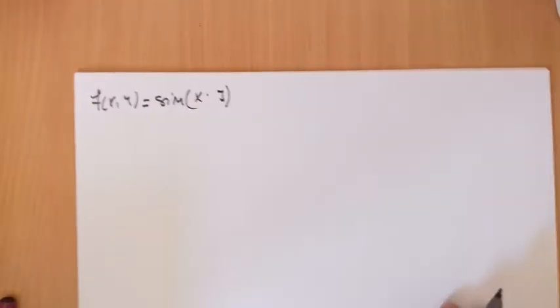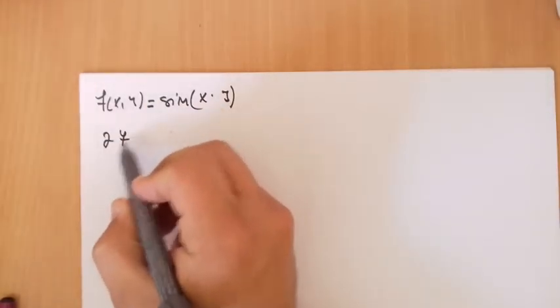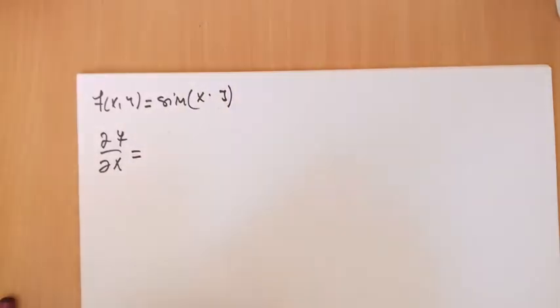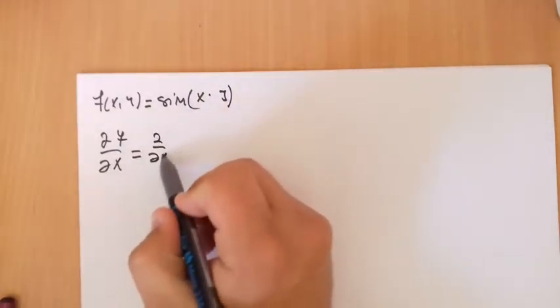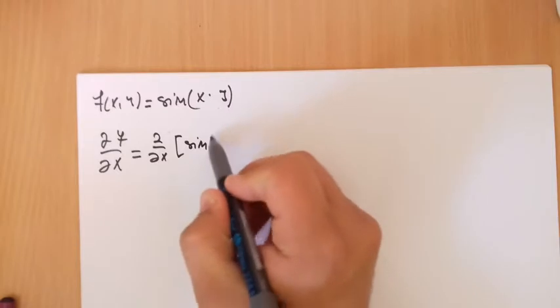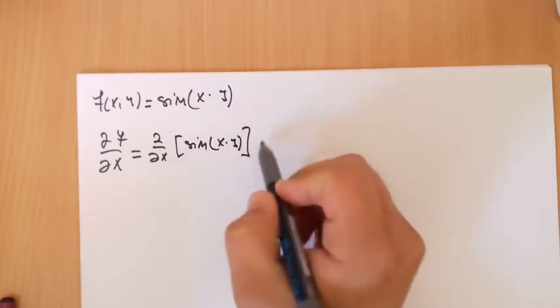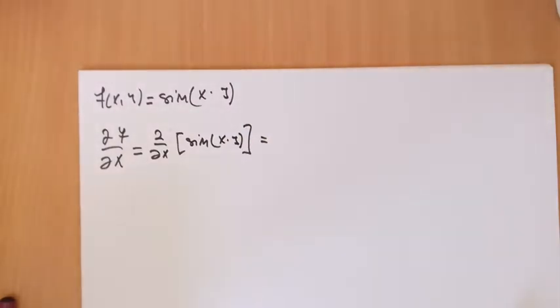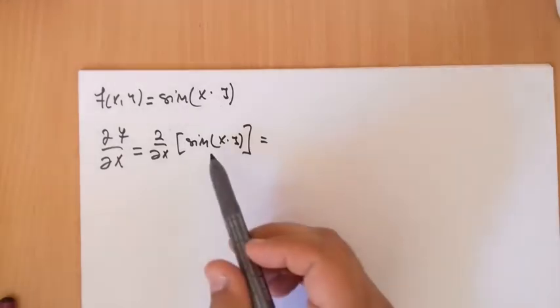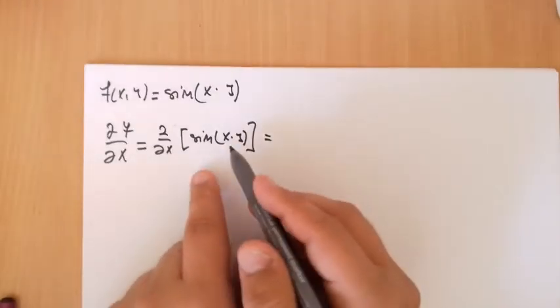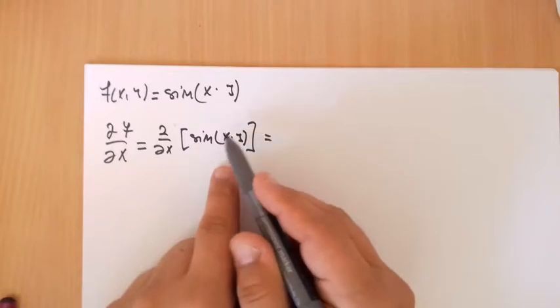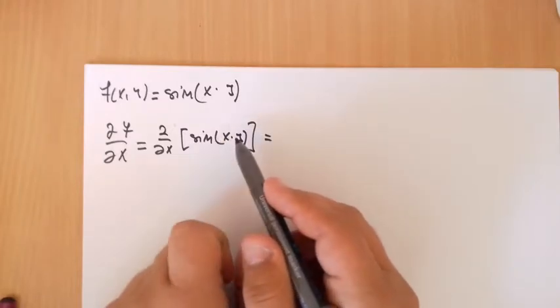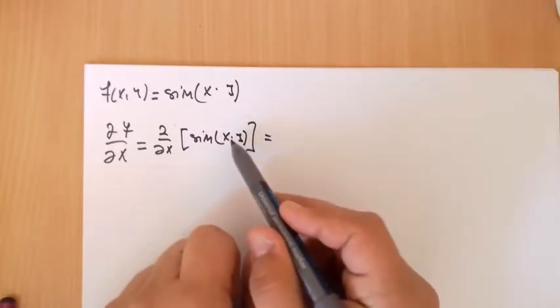So we have to do partial of f, partial of x, which is partial of x of sine of x times y. First of all, we have to take the derivative of sine as a function and then times the derivative of x times y.